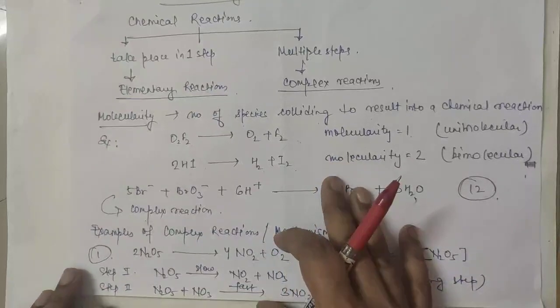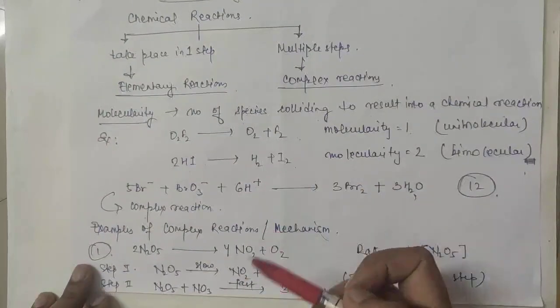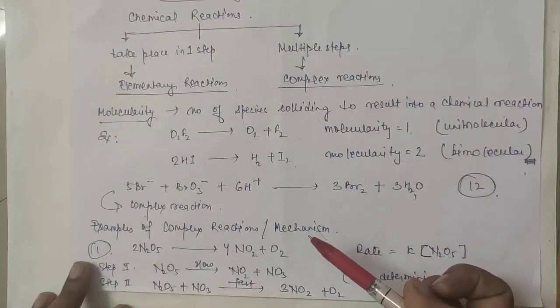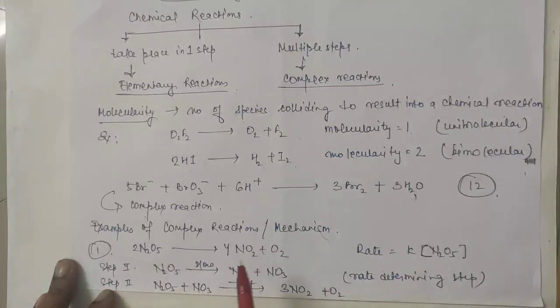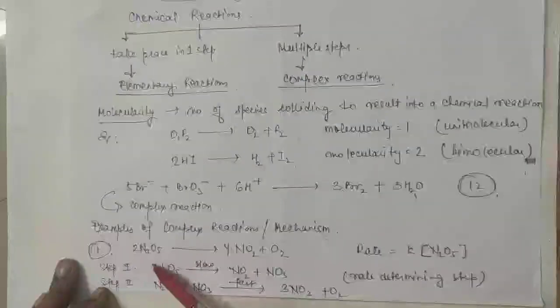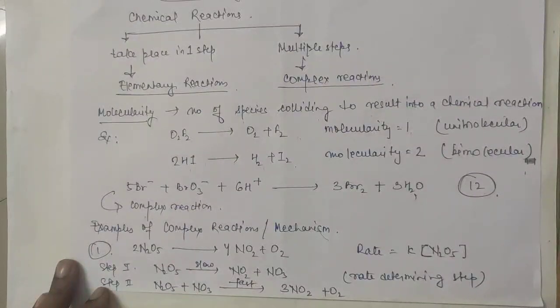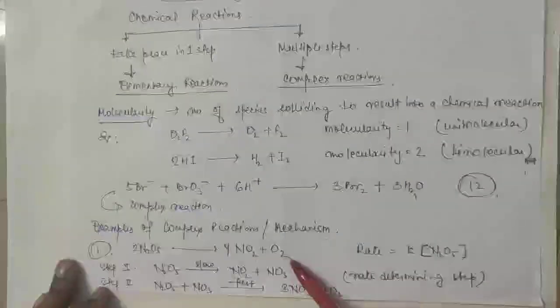Let us see the examples of some complex reactions or mechanisms. Taking the first reaction, the decomposition of dinitrogen pentoxide, you will see that 2 molecules of dinitrogen pentoxide give 4 molecules of nitrogen dioxide and 1 molecule of oxygen.